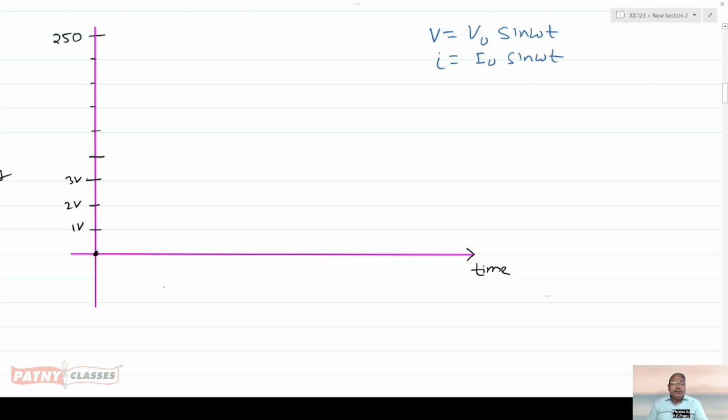Now similarly on the same axis, I am going to take current values like 1 ampere, 2 ampere, 3 ampere, 4 ampere, 5 ampere, 10 ampere. To make you understand, I have taken these values for the graph, because the current generally is very small, like up to 5, 10, 15, 20 amperes.